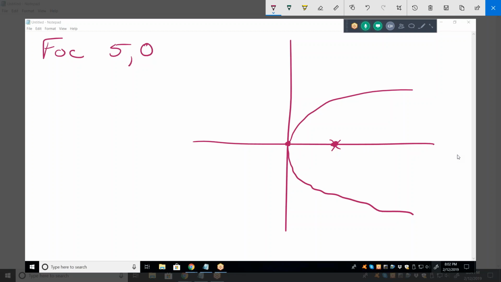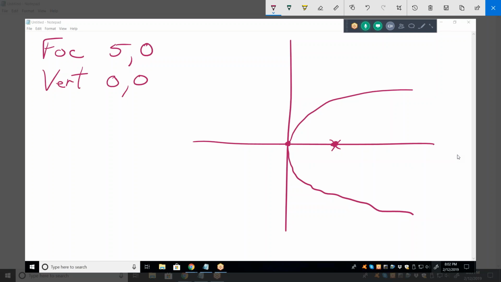In this particular case, they've told us the focus is on the same horizontal line as the vertex. That means it can only be this kind of parabola. There's no vertical parabola I could have drawn where that focus would have been inside it, not with the vertex being at the origin. So they really gave us two pieces of information: the vertex is at (0, 0), and the focus is there.